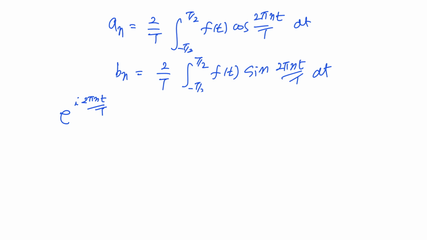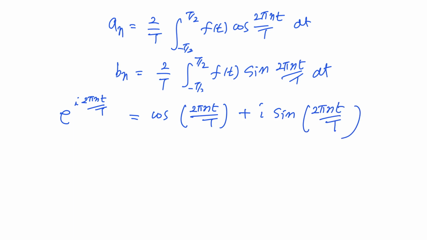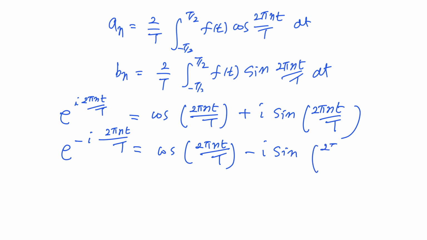You can represent it using Euler's formula, right? Cosine 2 pi n t over T plus i sine 2 pi n t over T. And exponential minus i 2 pi n t over T is cosine 2 pi n t over big T minus i sine 2 pi n t over T. So the cosine and sine can be written as a combination of exponential i something plus exponential minus i something.